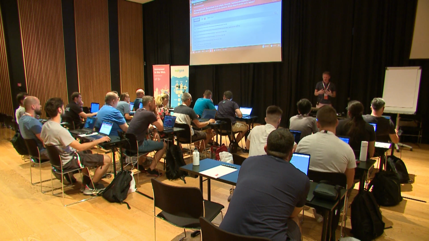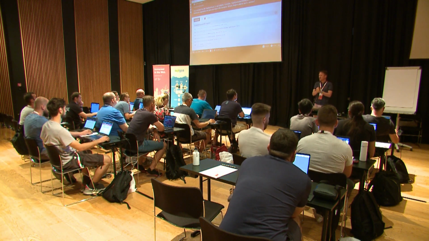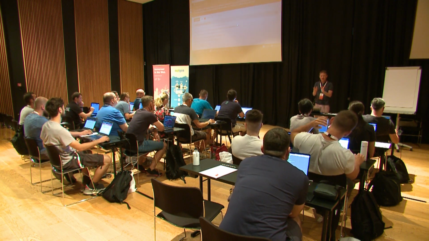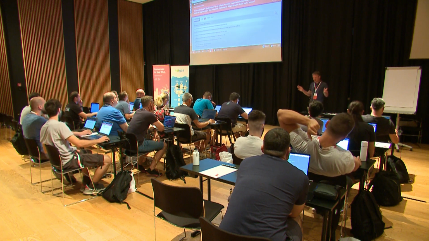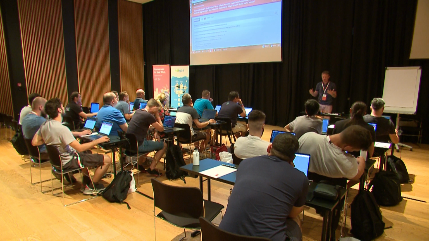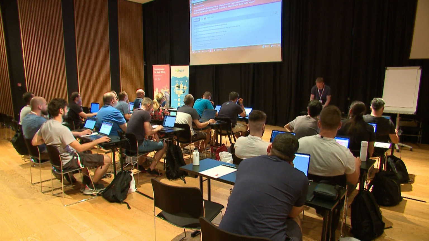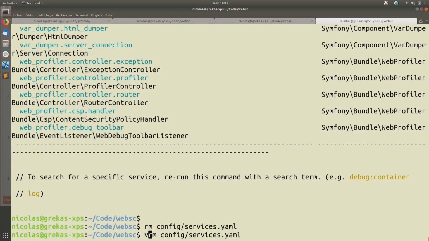Then it says, okay, I'd like to create an instance of this controller, but it has an argument. So the routing system cannot create this thing. Did you forget to define such a service? Yes, we never defined such a service. So we are going to define it, actually.